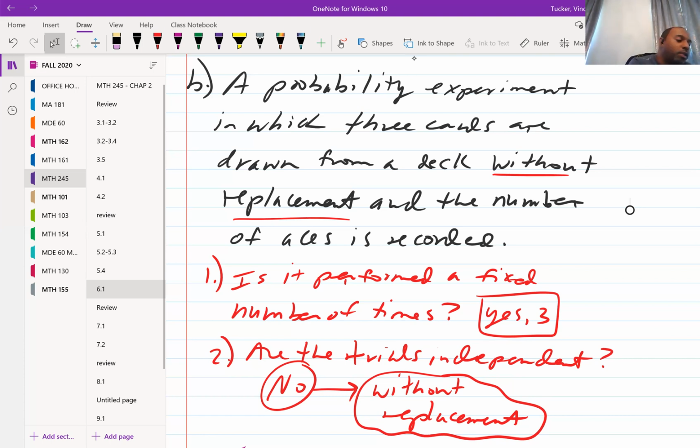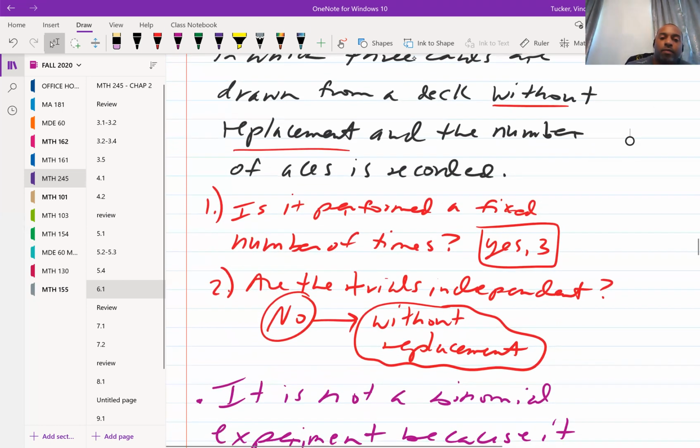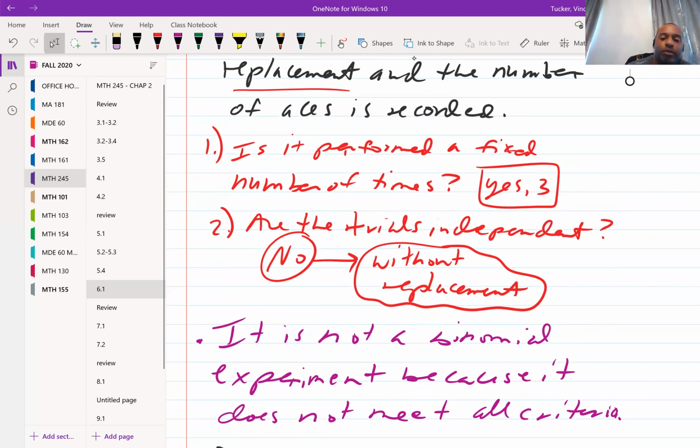And since it is without replacement, that means that the trials are not independent, and we can stop right here. It is not a binomial experiment because it does not meet all the criteria.